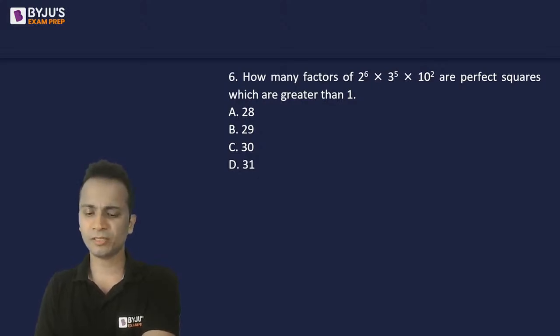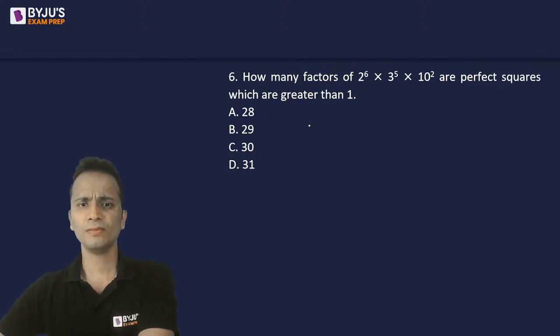Now follow the steps. We need to find the number of factors which are perfect squares. So obviously, first of all, you have to write this number as a product of prime factors. We need to do a simple prime factorization.